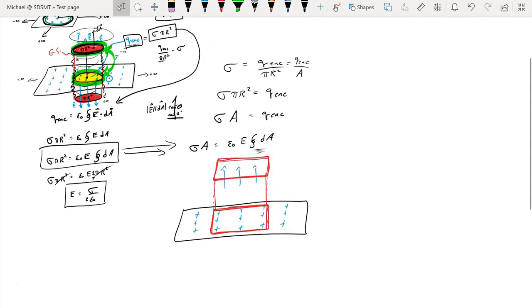This time, instead of it being a cylinder, it would be some kind of rectangular prism.